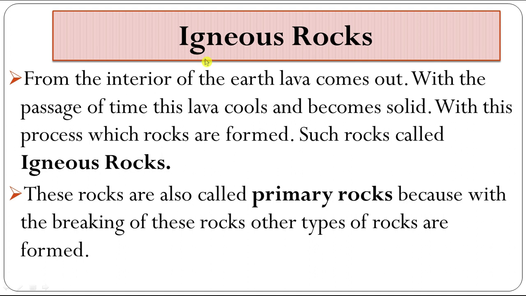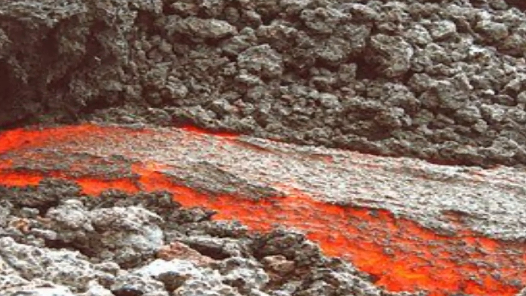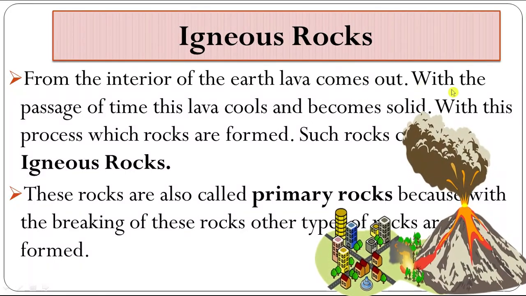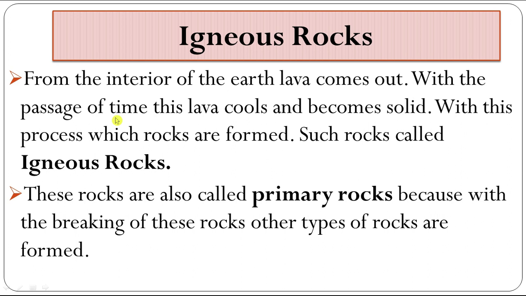Igneous rocks. Dear students, first of all, we will try to understand how igneous rocks are formed. From the interior, meaning from the inside of the earth, lava comes out from volcanoes. With the passage of time, this lava cools and becomes solid.